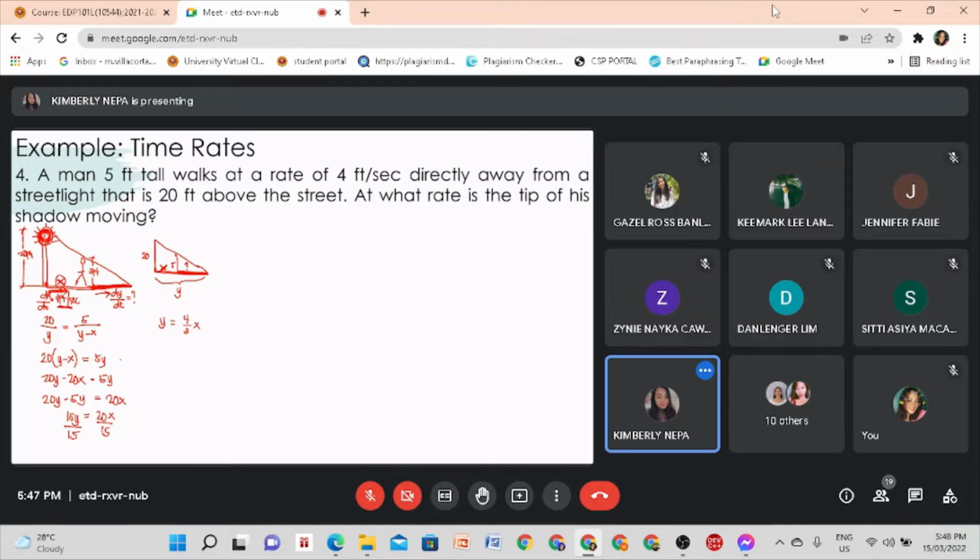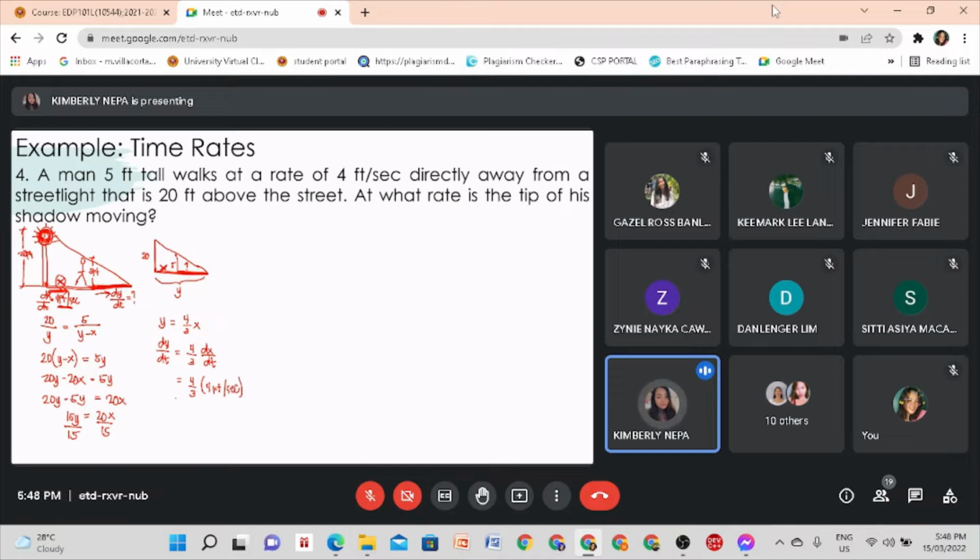Derive po. So, derivative of y is dy over dt. What is the derivative of 4/3 x? 4/3 dx over dt po, ma'am. Very good. So, 4/3 dx over dt. So, 4/3, our dx over dt is 4 feet per second.